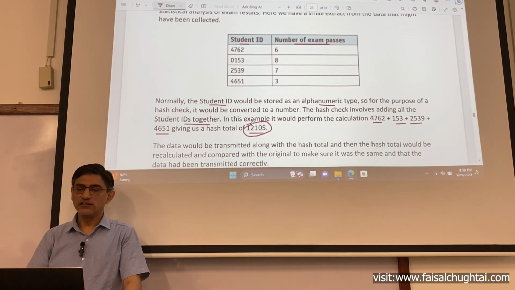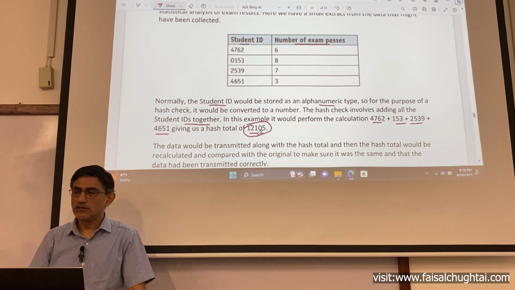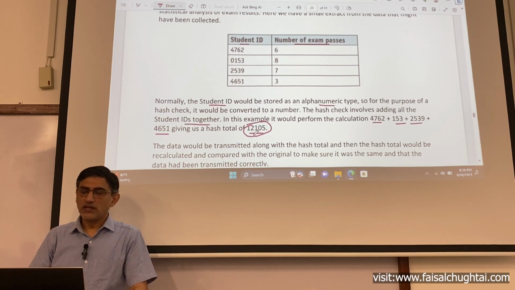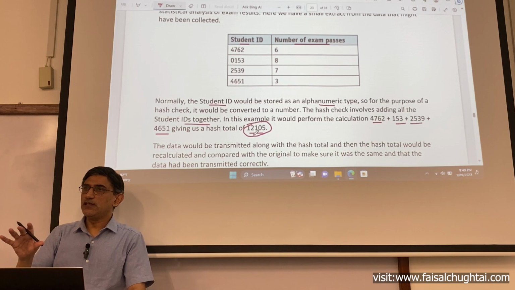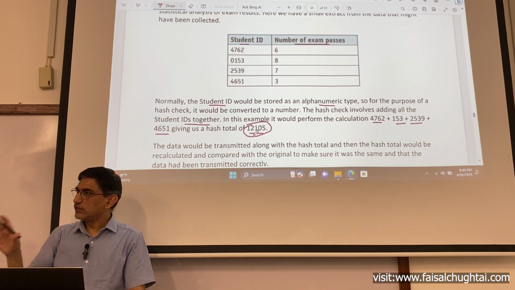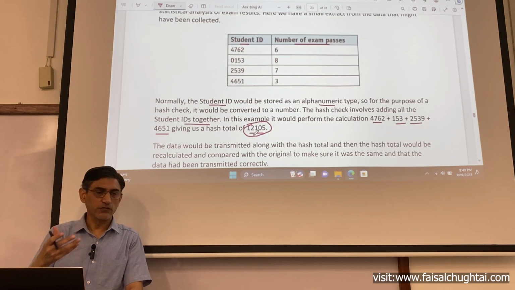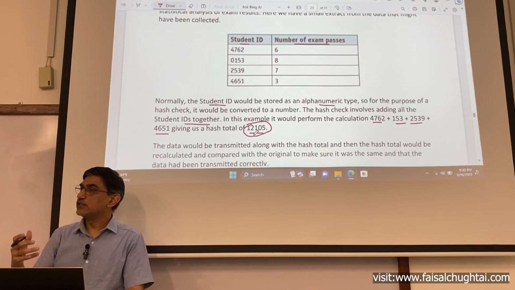When it is re-entered, if the student IDs have been entered correctly, the total should come out to be this. So it is not only that you would be using hash totals on numeric data, but you may also use other types of data to calculate hash totals to check the accuracy of data.